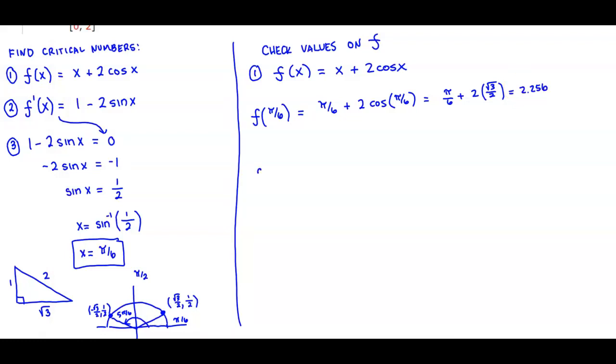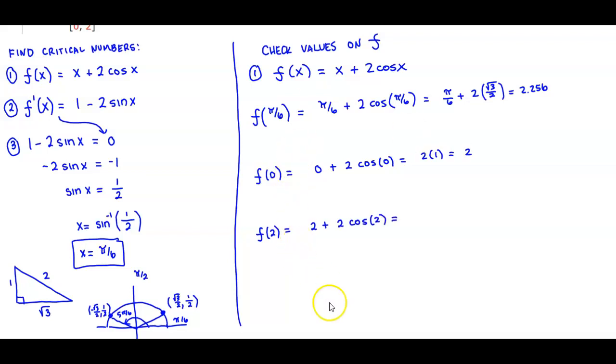Now let's find f of 0. If we put in 0 plus 2 times the cosine of 0, that's 2 times 1, which is equal to 2. And then we want to find f of 2. That's going to be 2 plus 2 times the cosine of 2.